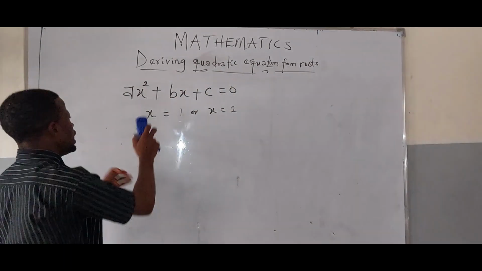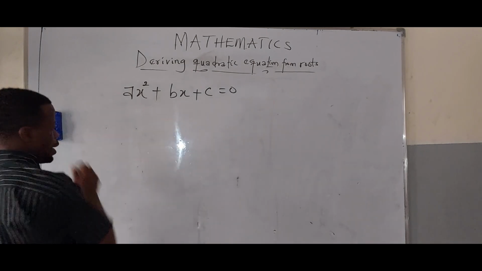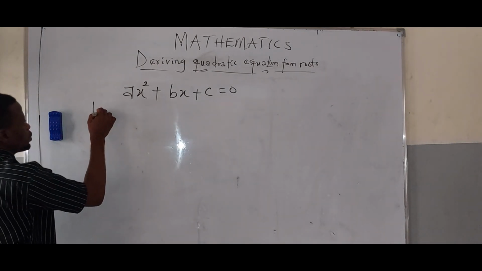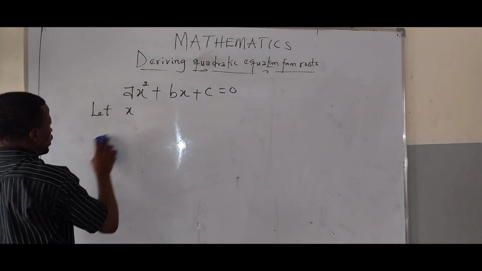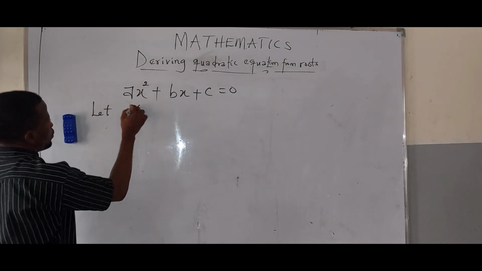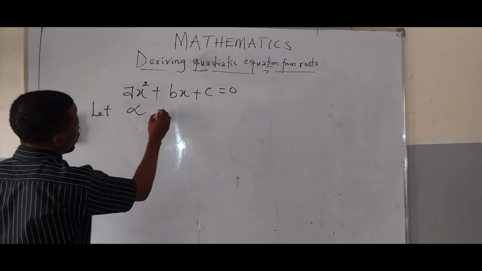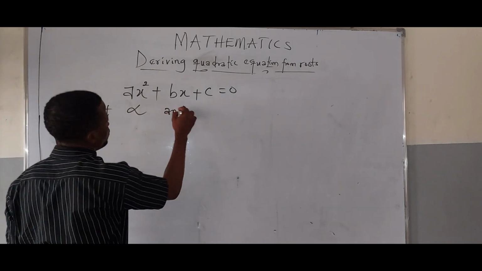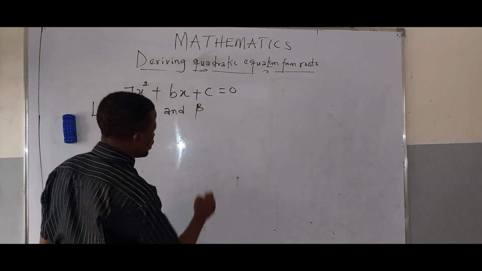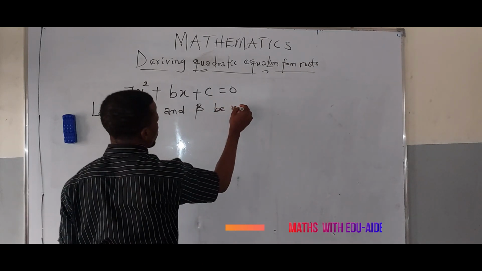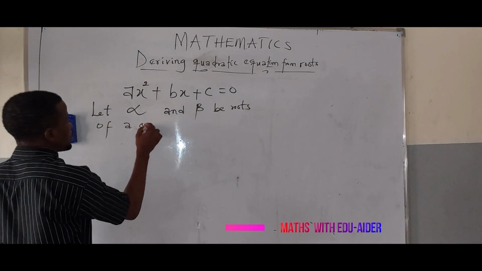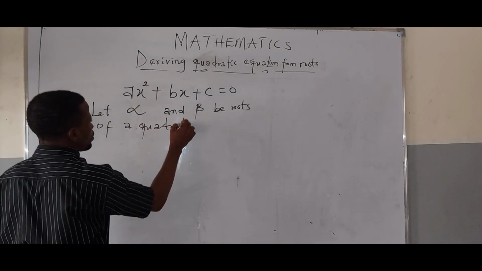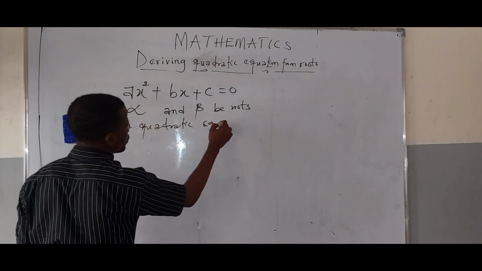Good. Now, let alpha and beta be roots of a quadratic equation.